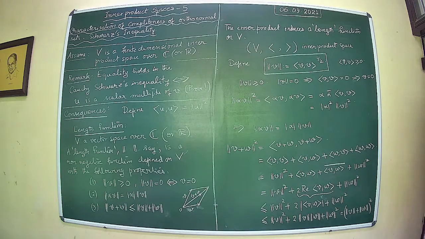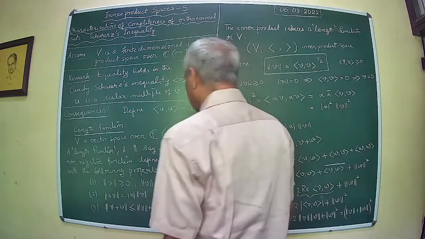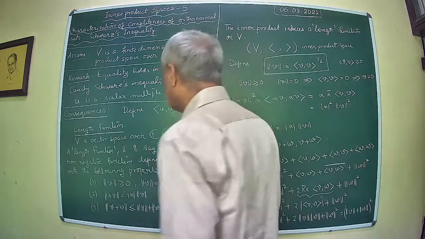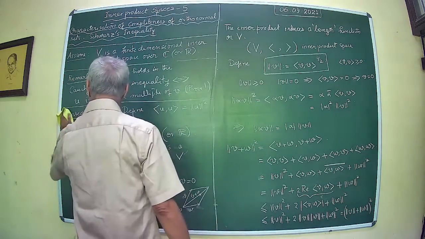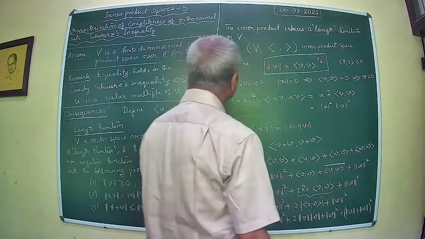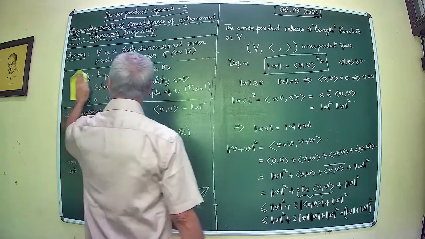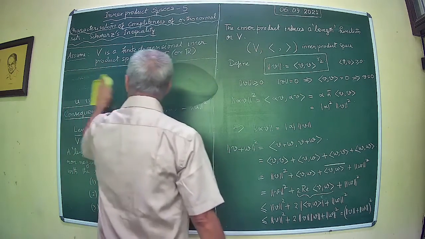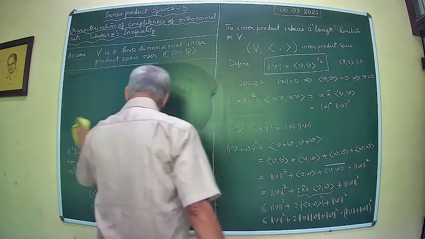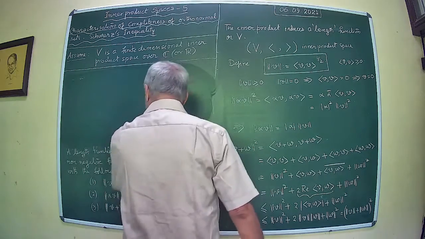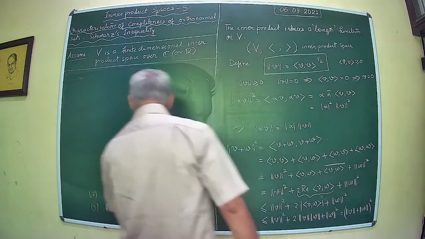Therefore, what do we have? So if you put this together, what do you get? You get the third property, namely norm of v plus w is less than or equal to norm of v plus norm of w.